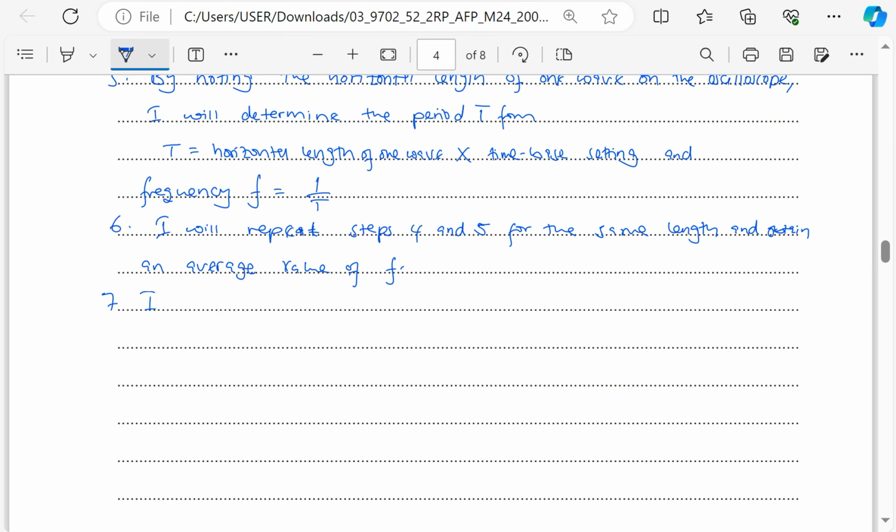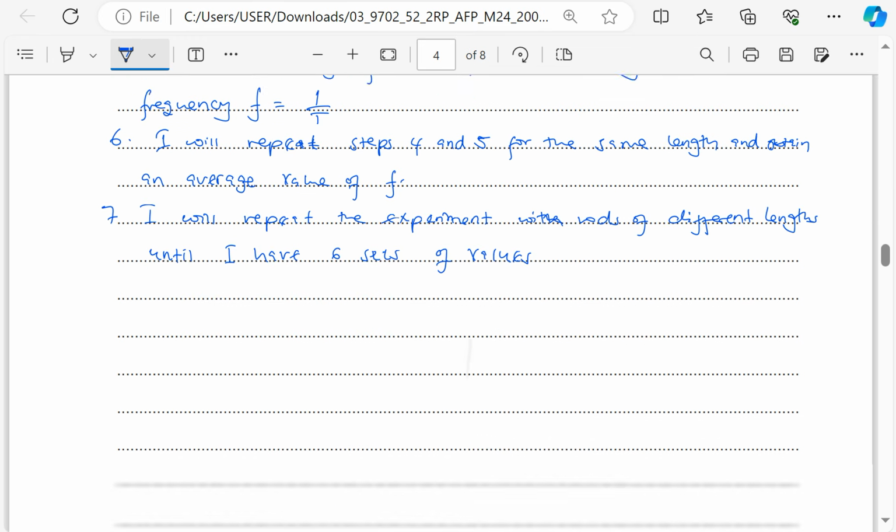So I'll simply say I will repeat the experiment with different rods, or with rods of different lengths, until I have 6 sets of values.